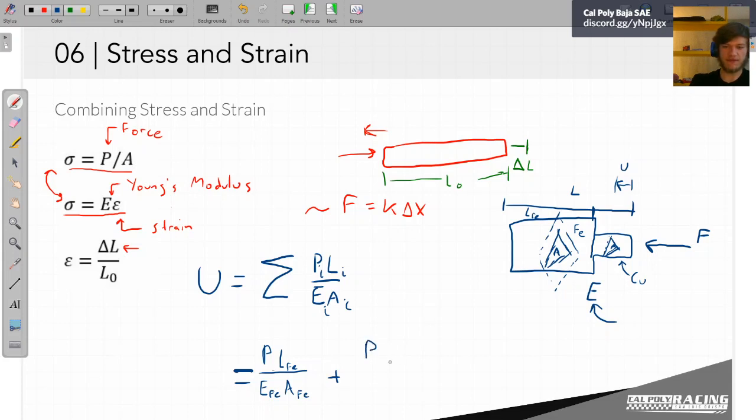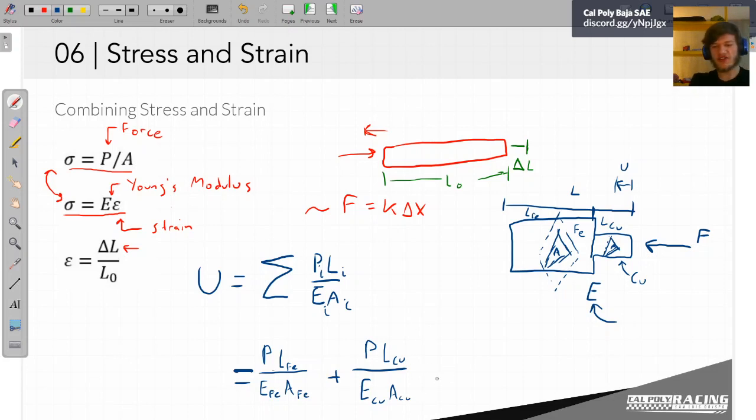It's still the same force acting on it, but now we have everything for the copper. So P times the length of the copper, so this portion here is L_Cu, divided by the material properties of the copper, E_Cu, A_Cu.